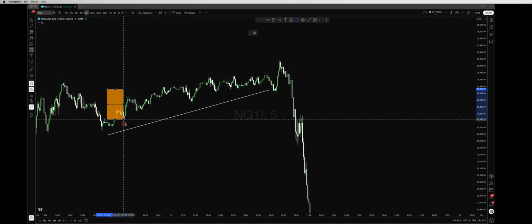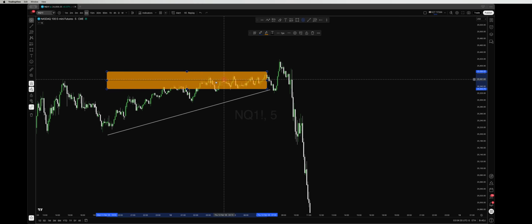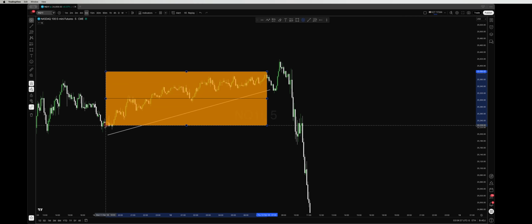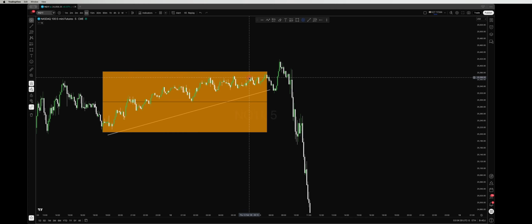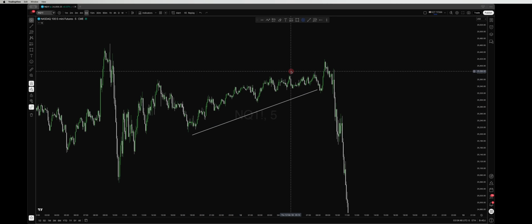If this whole portion is accumulation on a trend line move, you want a manipulation. What is the manipulation right here? This little portion, right?